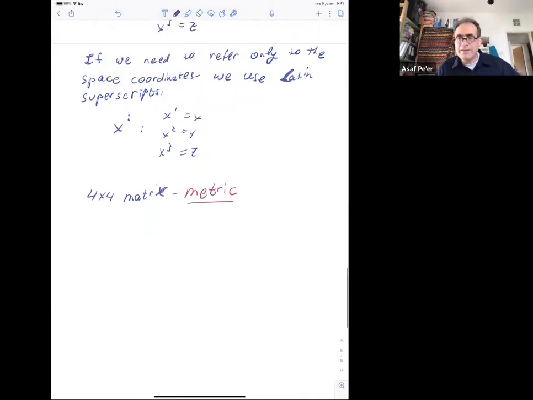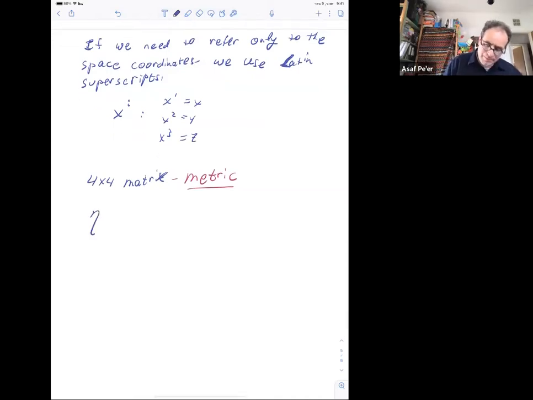And we're going to write this matrix using 2 lower indices. So we denote it with the Greek letter eta, and it has two lower indices, mu and nu. And it's actually a very simple matrix. It's mainly zeros, except for the diagonal. And the diagonal has a -1, and then a +1, +1, and +1.